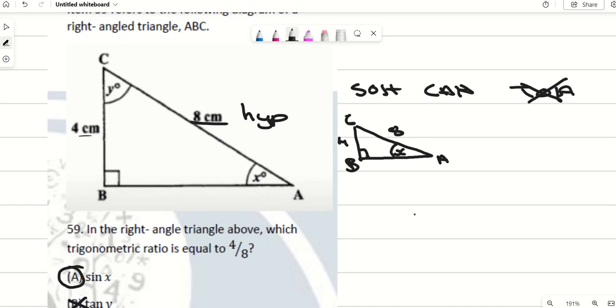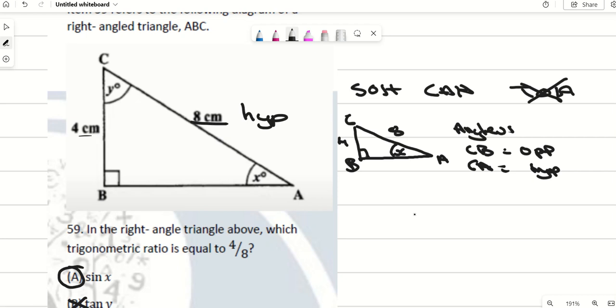The side CB is our opposite if you're using angle X. CA is always your hypotenuse.